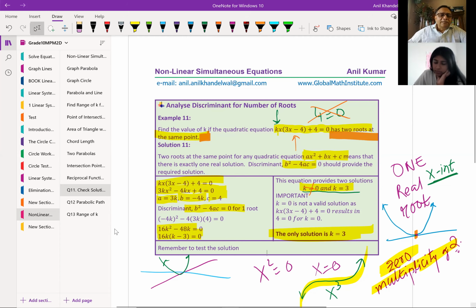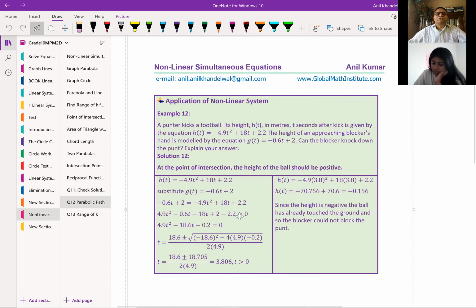Now here is another example for you. Question number 12. Can you please read this and then we'll discuss? Application of nonlinear system. Example 12. A punter kicks a football. Its height h(t) in meters, t seconds after kicking, is given by the equation h(t) = -4.9t squared + 18t + 2.2.